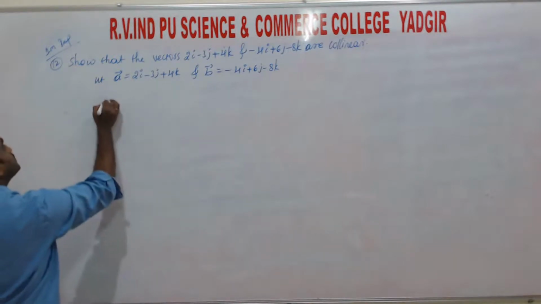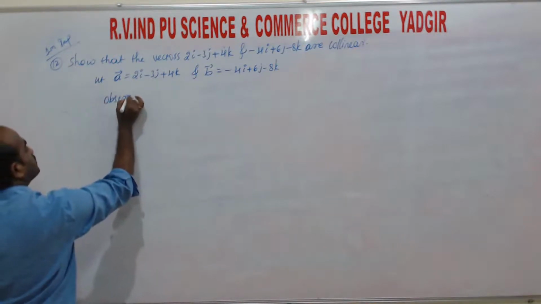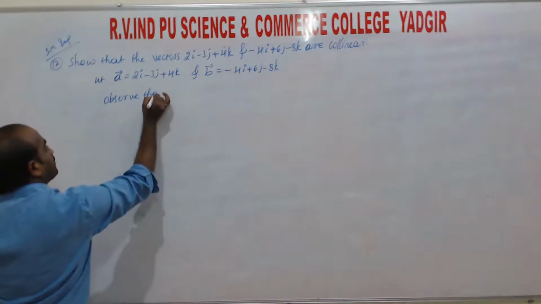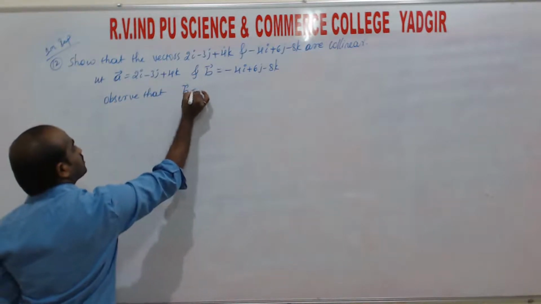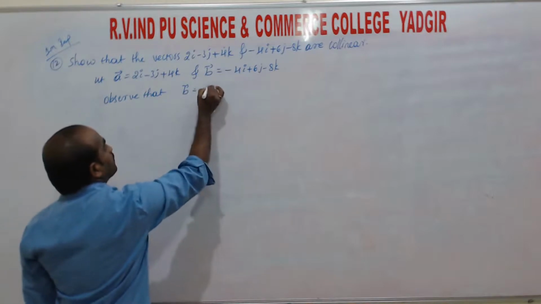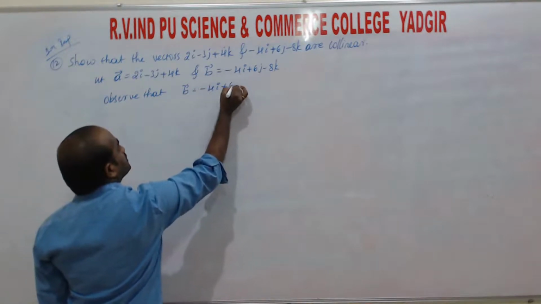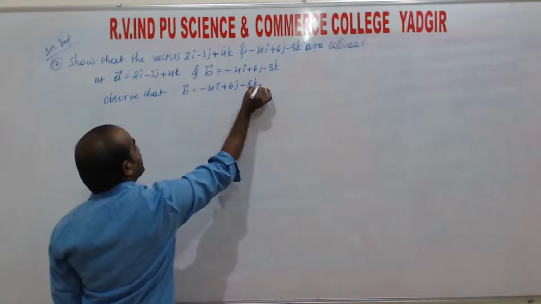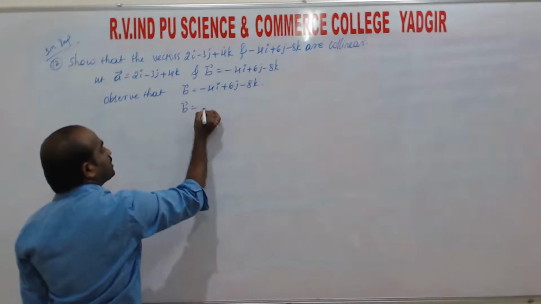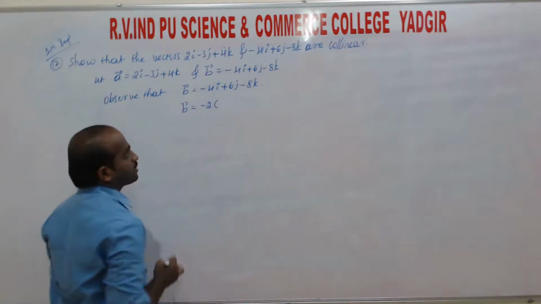Observe that in b vector, minus 2 is common.